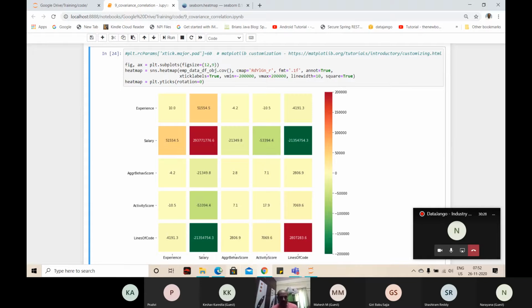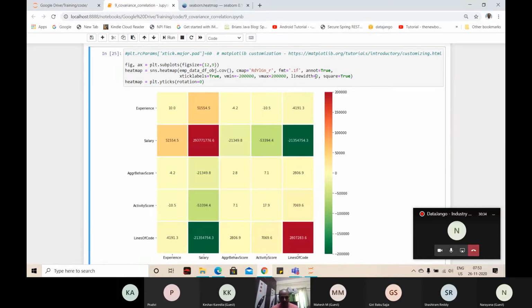When you look at this color, what are you getting? When you look at the heatmap's color, what are you understanding? Nothing you understood?